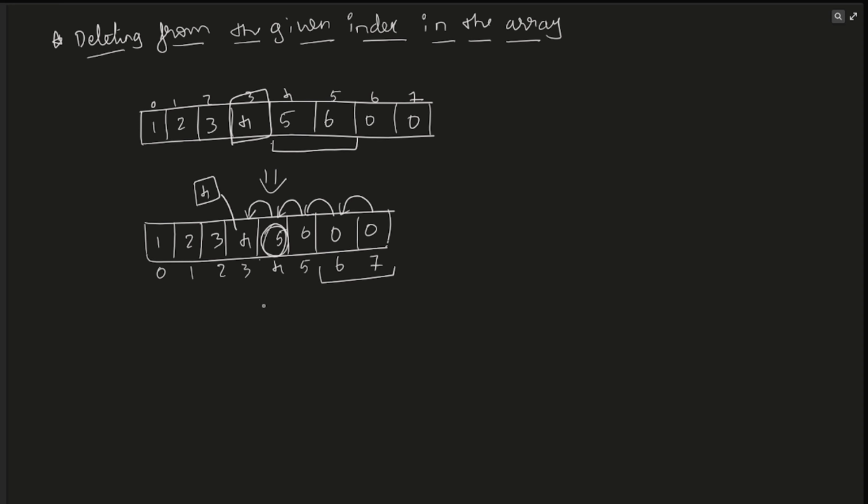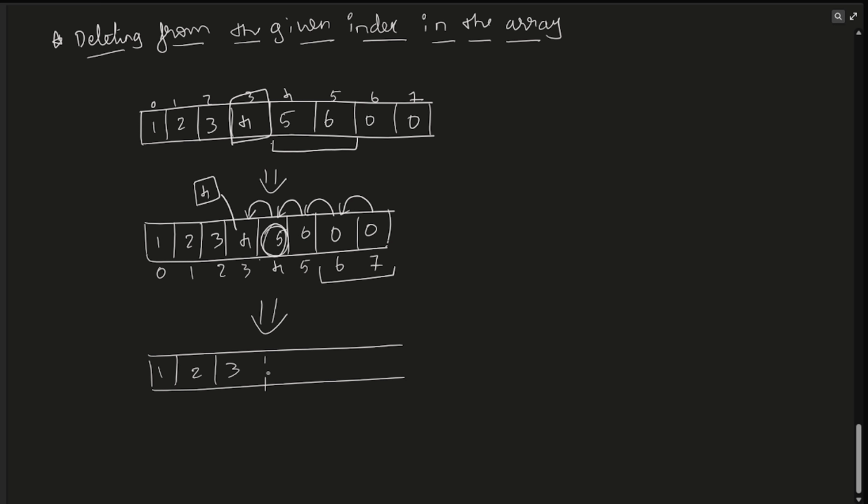After deleting, our array would look like this. 1 2 3 5 5 6 0 0 0. 6 appears here if we loop the array till length of an array, meaning capacity of an array.